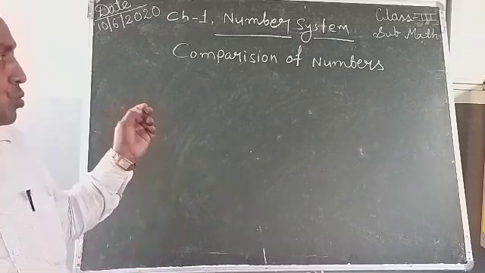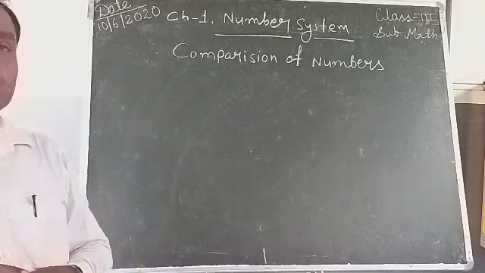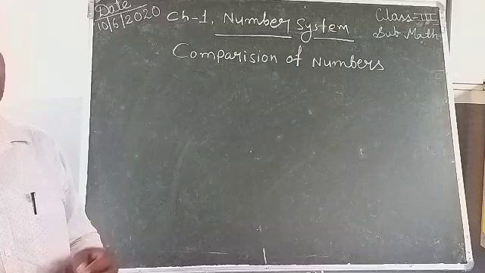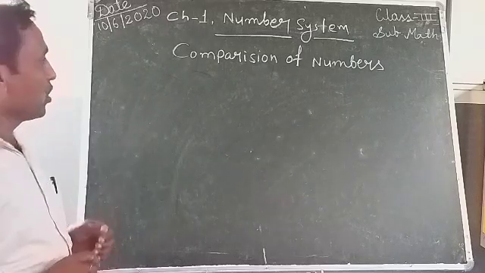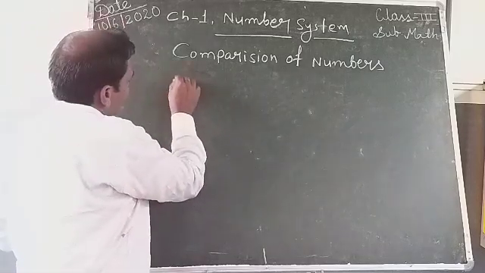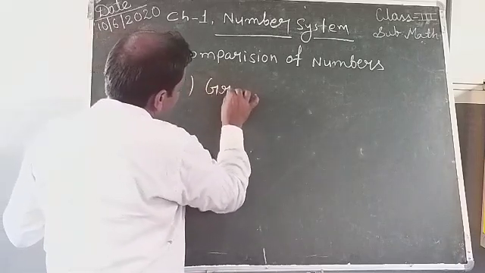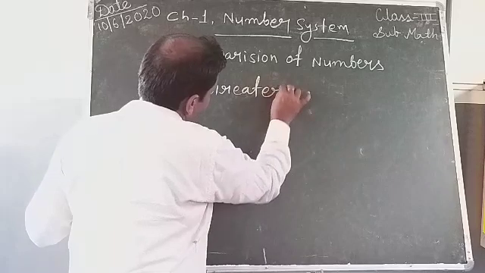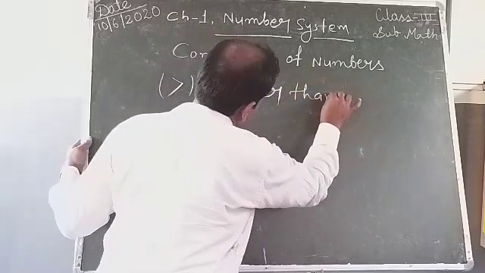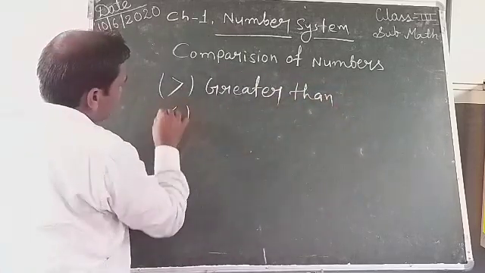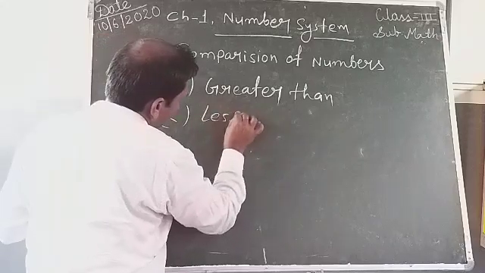So first you see here three signs. When you compare any numbers, these three signs are important for you. First sign is greater than. Second, this sign is less than.